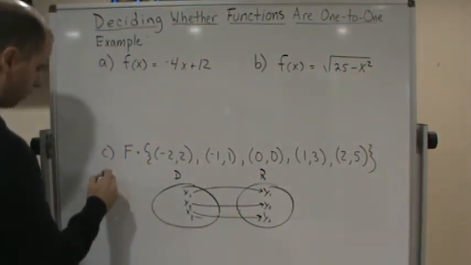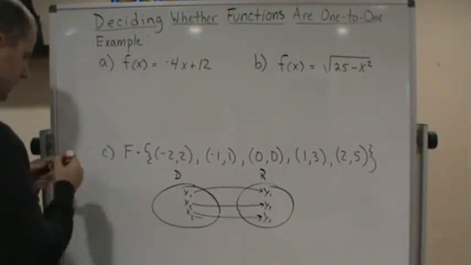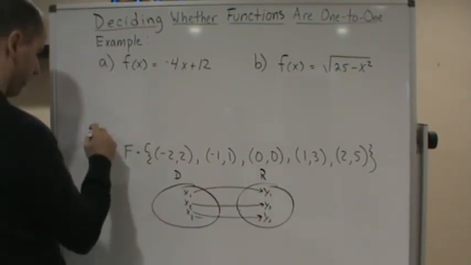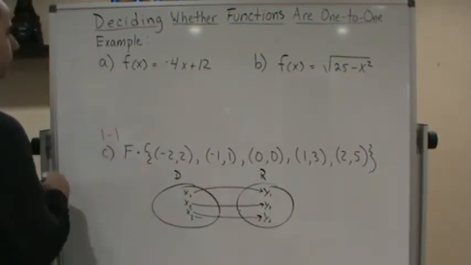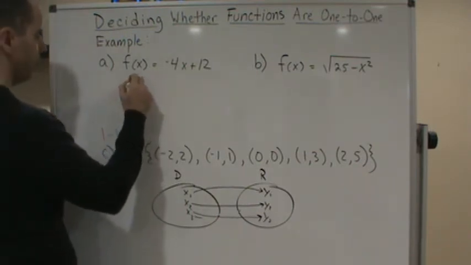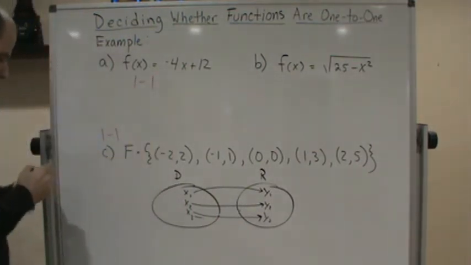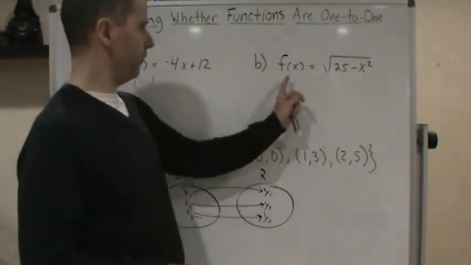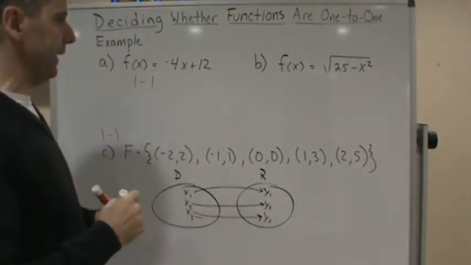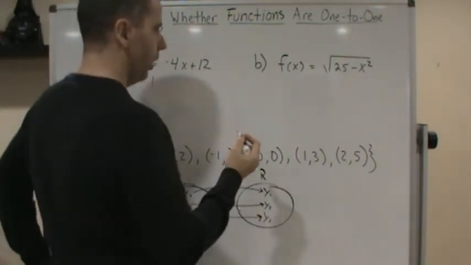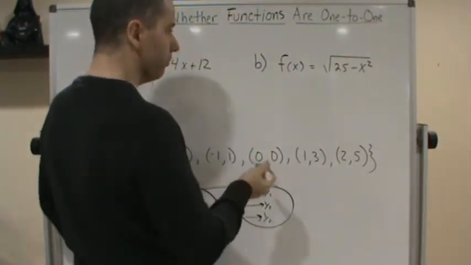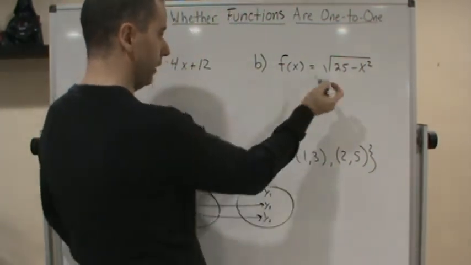Okay, so far we have C is one-to-one, and we know that A is one-to-one. So let's find out if the function B is one-to-one. Okay. So now, let's see what we get here.